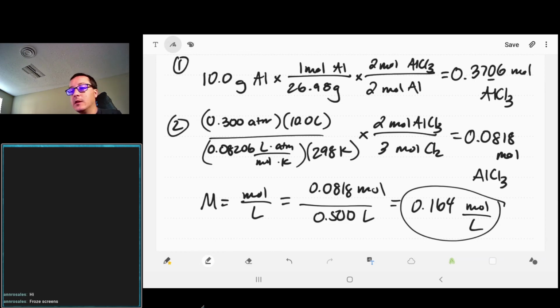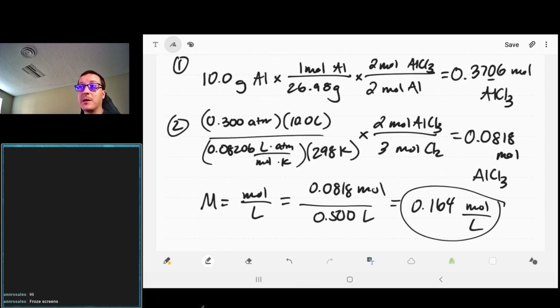All right, so the whole point today is that when we're given multiple reactants, we have to do this process for each one. And we choose the smallest number either as our answer or to move forward if there's one more step. Like this one had one more step at the end to find the molarity.